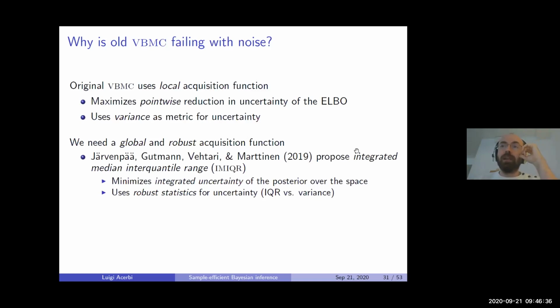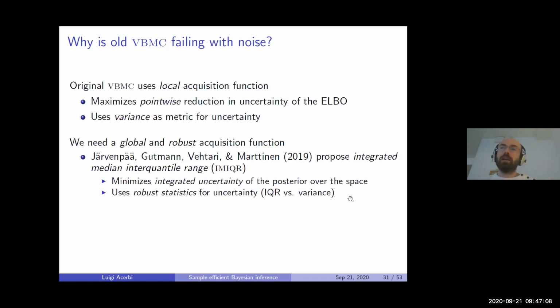They proposed the integrated median interquantile range, or IMIQR, an acquisition function studied for problems of GP regression, which first of all comes from first principles, and the goal is to reduce the uncertainty of the posterior over the entire space. So it's integrated over the entire space and not just locally. It's a global acquisition function.